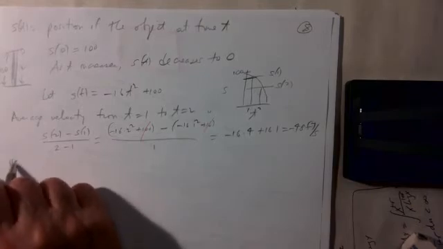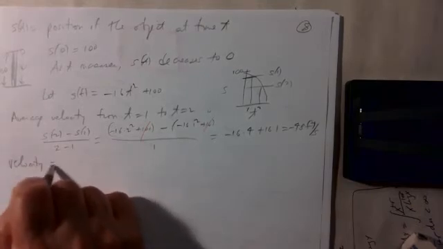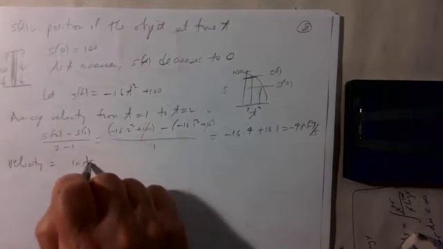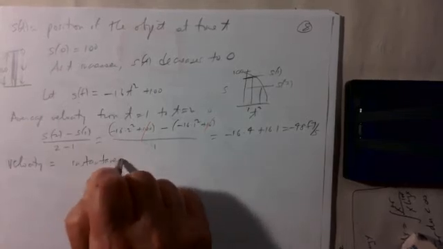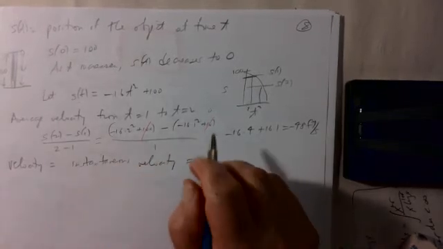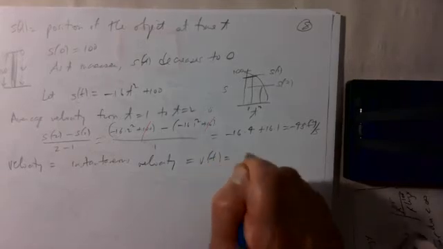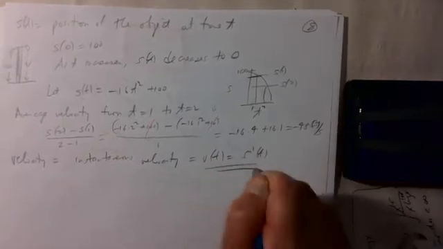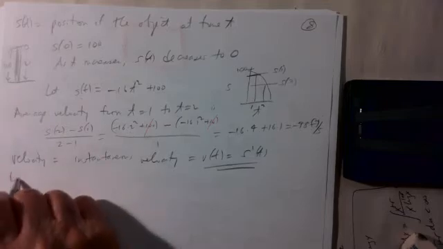What we call the velocity of the ball, by which we mean the instantaneous velocity, is, let's say, v of t. It's the derivative s prime of t.